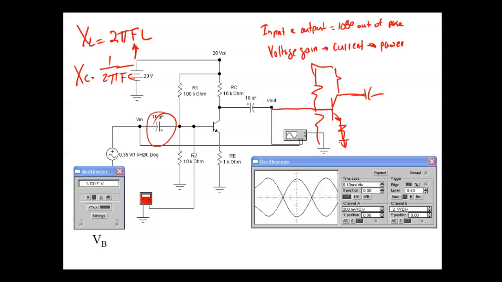So if I put my ohmmeter across the speaker, if it's an 8 ohm speaker, what should I expect it to measure? More than 8 ohms or less than 8? Less, because we're taking away the L. Now we're only dealing with the R of the speaker, okay.